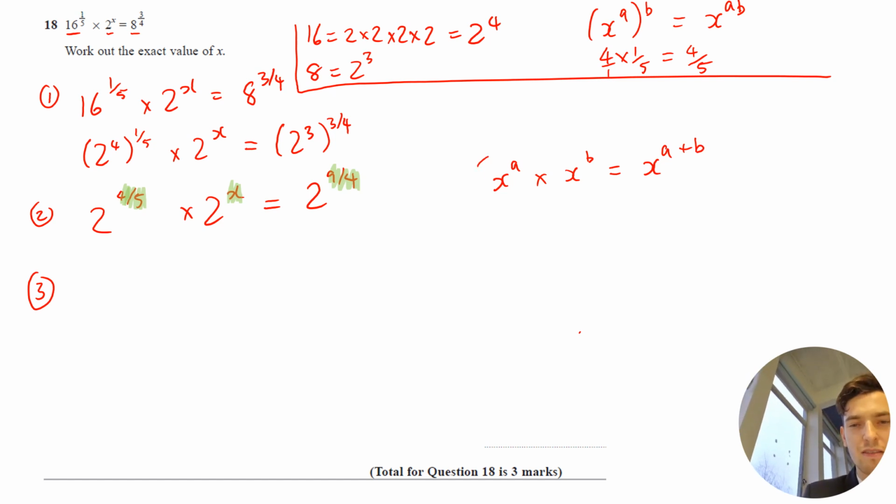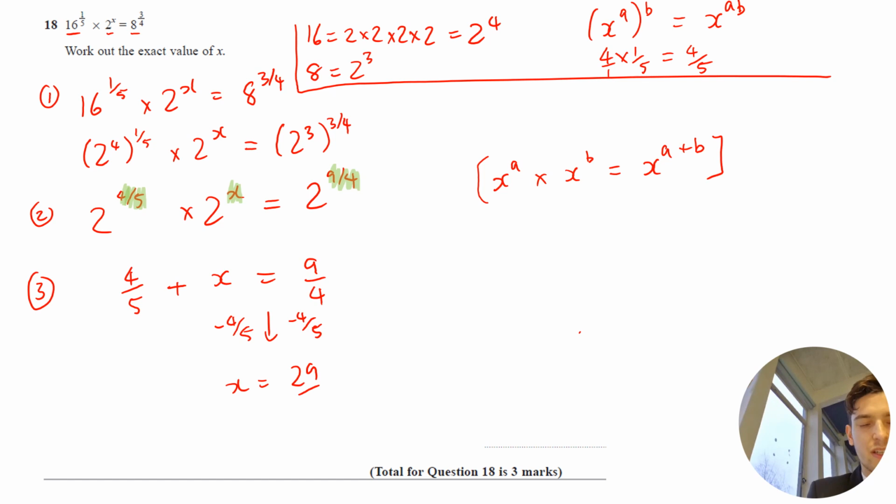So what does the left-hand side look like? Well, I can ignore the 2, but I need to add the powers. So 4/5 plus x equals, again, ignore the power, 9 over 4. And then in my calculator, I can do 9 over 4 minus 4/5, 29 over 20. And I'm done.